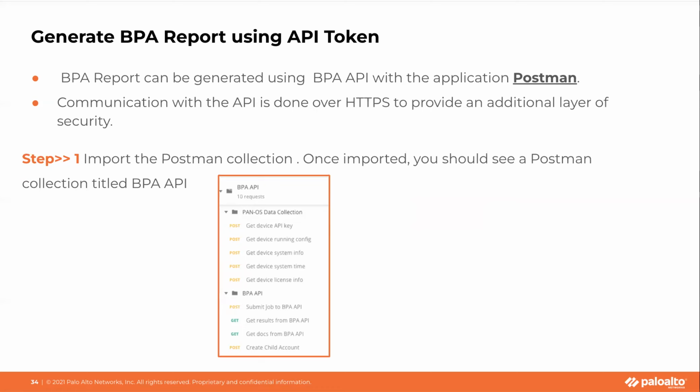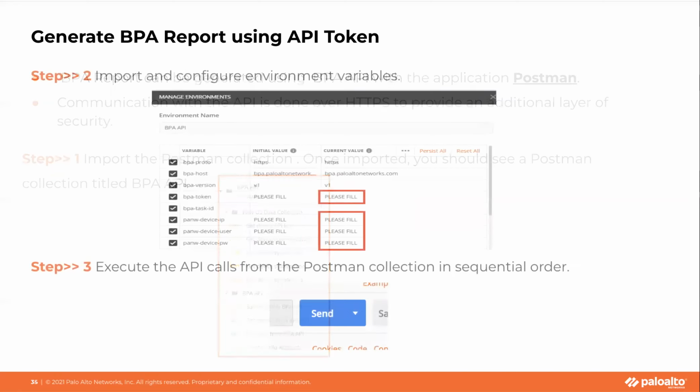So you can import this Postman collection app, and when it's imported into your environment, you will see all the information, the BPA APIs and all those details. You need to configure some environment variables, which are, as I said, the BPA API token, the device information, the user information, and the IP information.